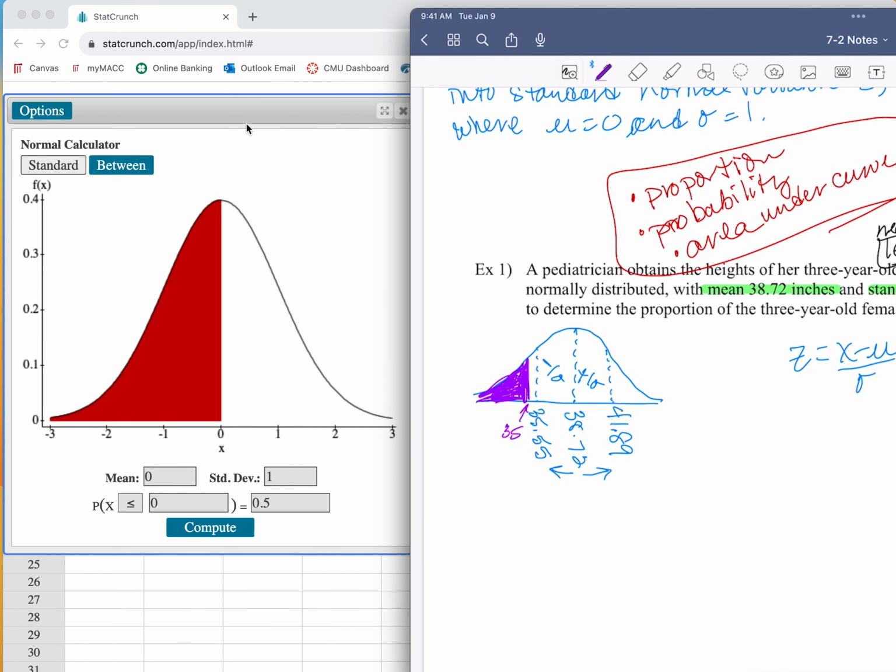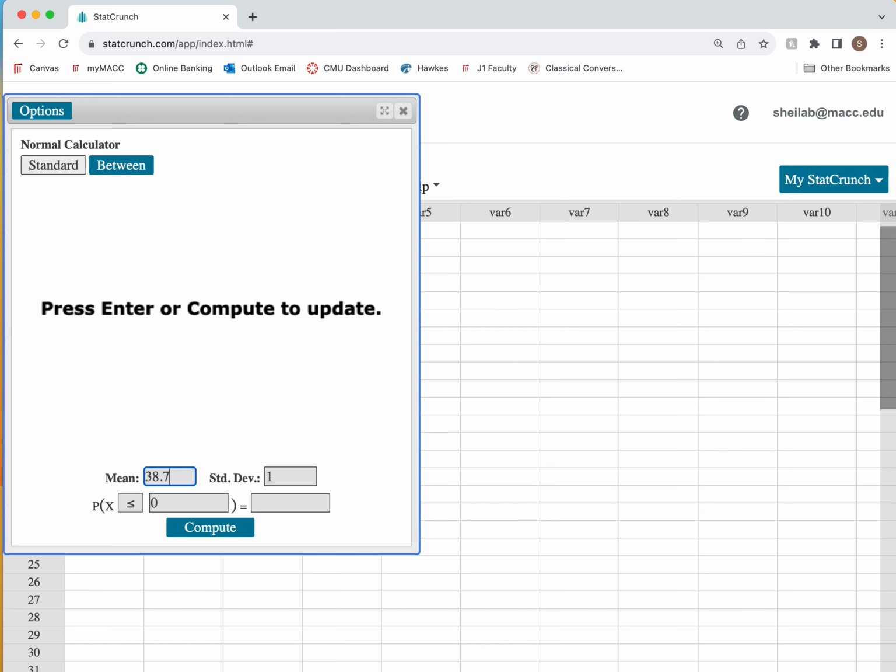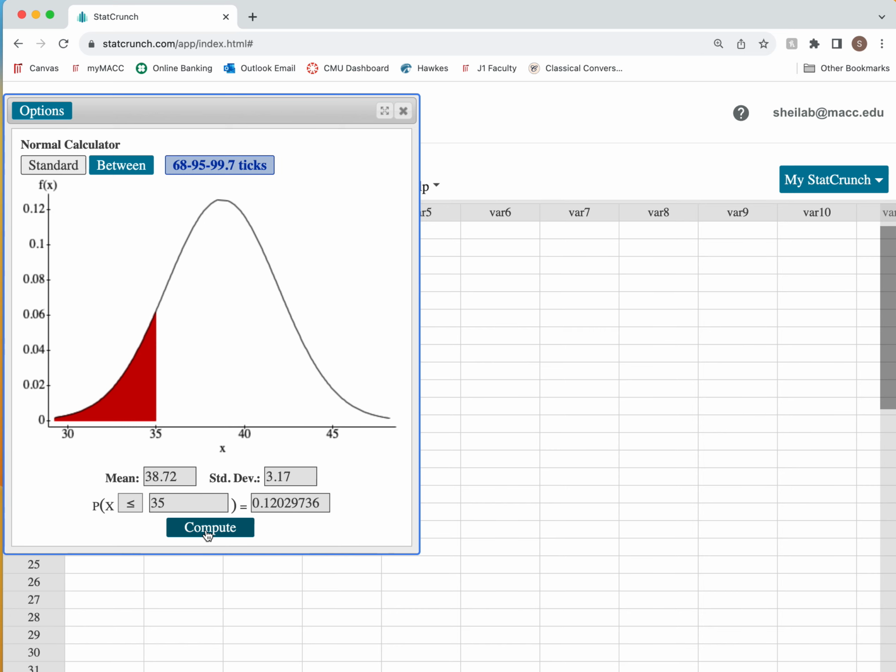All right. So my mean here is 38.72. My standard deviation is 3.17. And this is less than, and we know that we're going less than 35. Then you click compute.